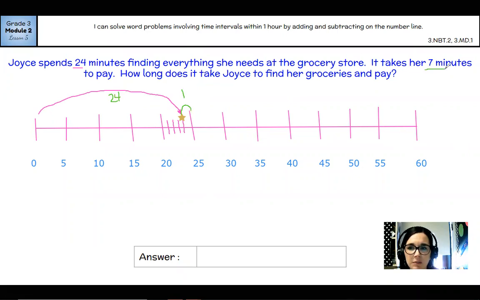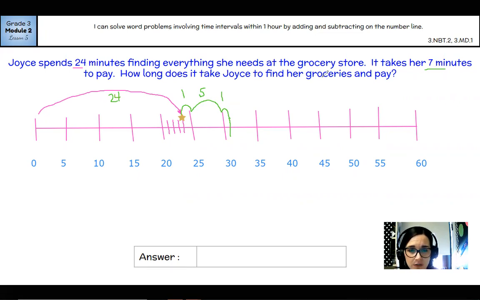It takes 7 minutes, so I've got to keep going. If I go 5 more minutes, 1 and 5, that makes 6. So that means I only have to go 1 more minute, so I can draw in my tick between 30 and 35. Here's 1 more minute. So 5 plus 1 plus 1 makes 7. So I did 24 minutes to find everything, 7 minutes to pay.